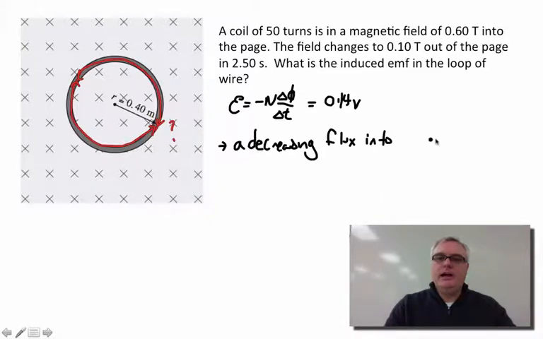The other way we could look at it is that there's an increasing magnetic flux out of the page. Right? It's going from a direction into the page, and we're increasing the amount of magnetic field coming out of the page. So either way, we can write this as a decreasing flux into the page or an increasing flux out of the page.